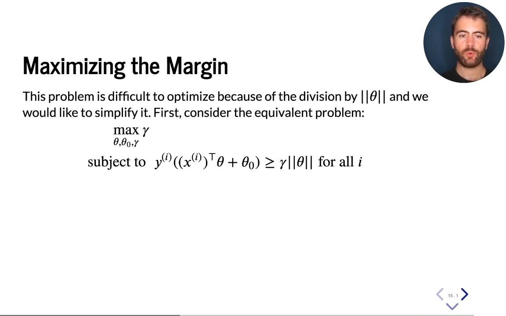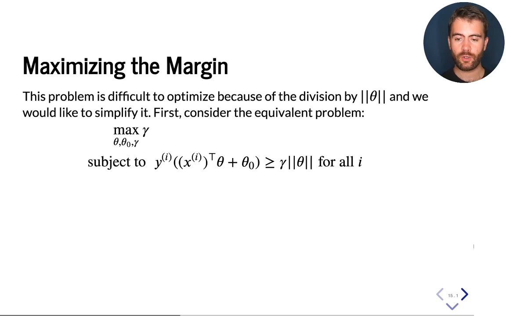Now, the problem with this optimization problem is that it is difficult to optimize. There are certain classes of problems for which there are easy and effective optimization algorithms. So for example, optimizing a linear function is easy, or optimizing a quadratic function is easy. Optimizing something under linear constraints is usually easy.